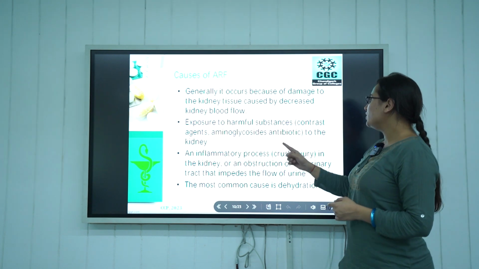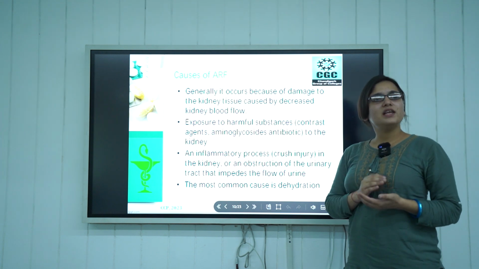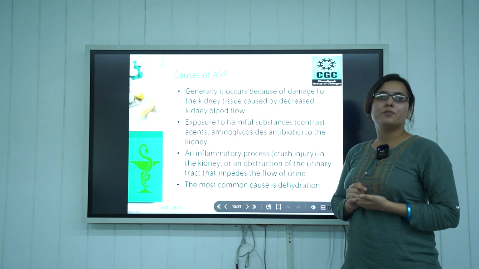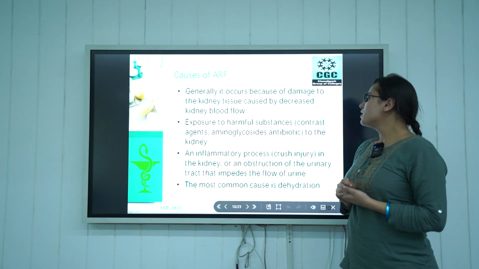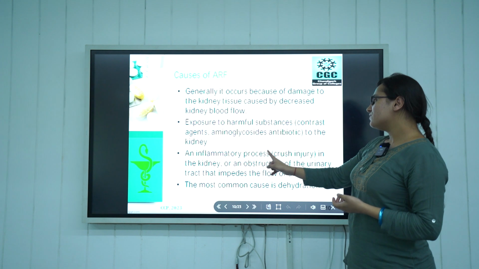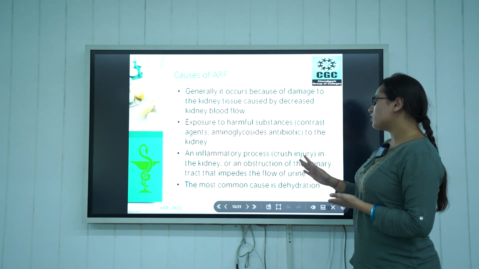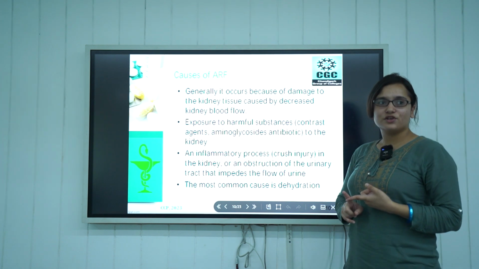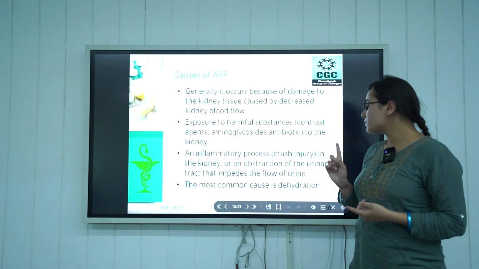These are all aminoglycoside antibiotics. They can freely cross the glomerulus, right? So it can also cause damage to the proximal tubular cells. And if there is any inflammatory process in the kidney, it can also lead to kidney disease, and the most common cause is dehydration, as I have told you in the introduction part also.